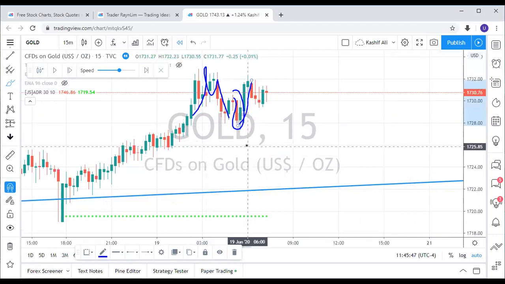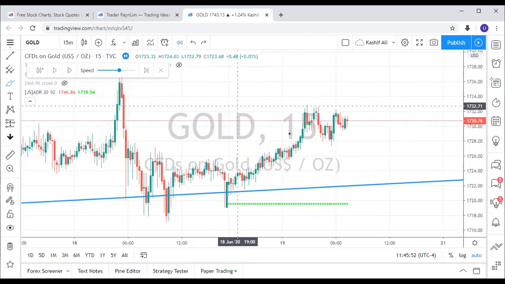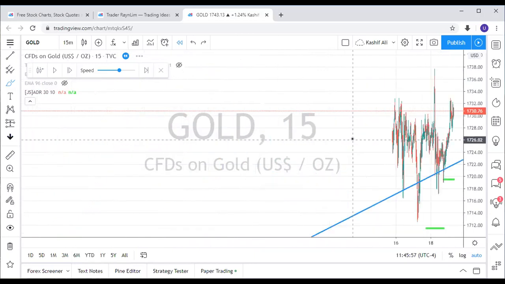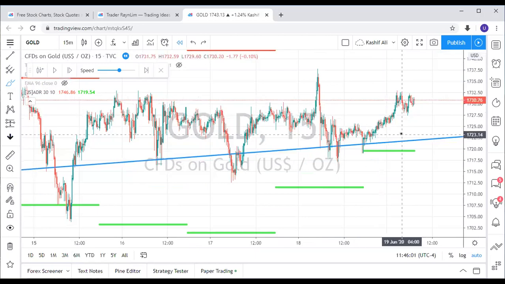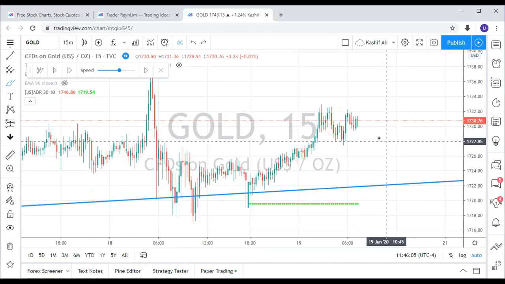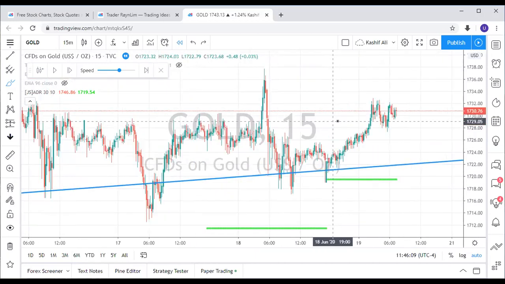The bullish pressure was so much. I was thinking that this is ADR low, and the market is moving towards ADR high, and it's in the middle of the range. So I will not sell at this level, never in the middle or above. You can buy, but you cannot sell. But even if you buy, your stop loss will be too much.